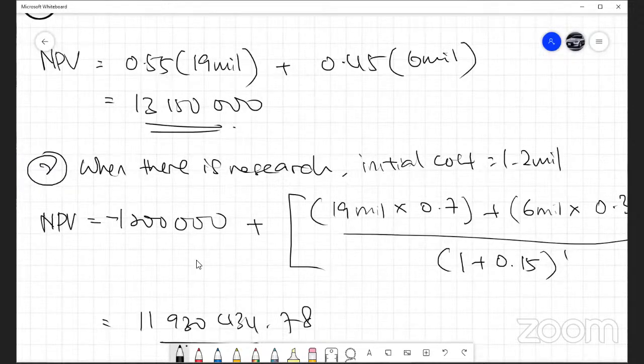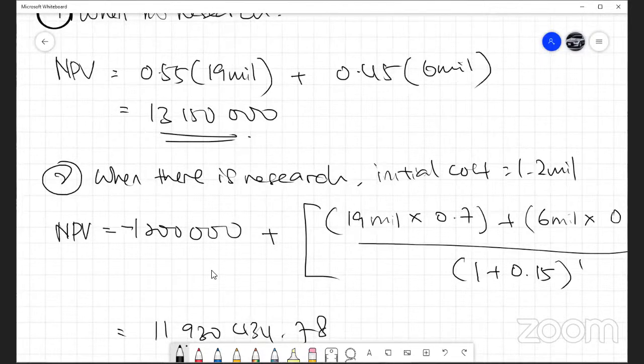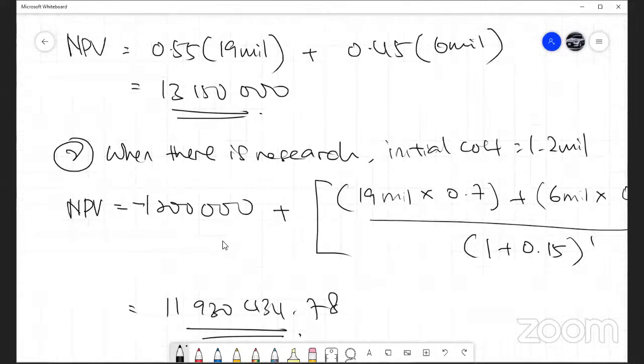So you can see now. Without research, the NPV is 13 million. With research, you have an NPV of only 11.9 million. So in this case, it's very simple to make the decision.